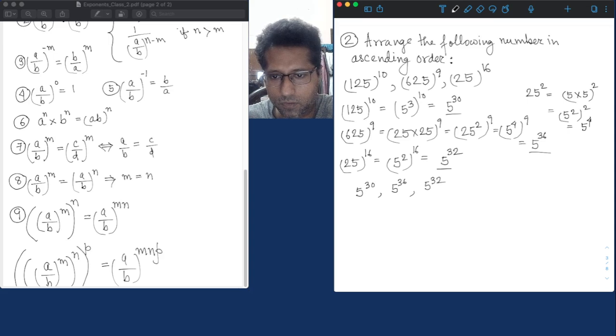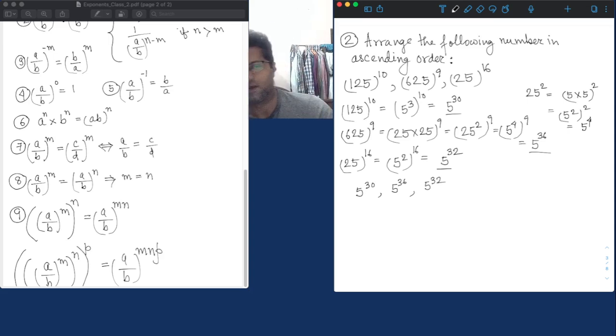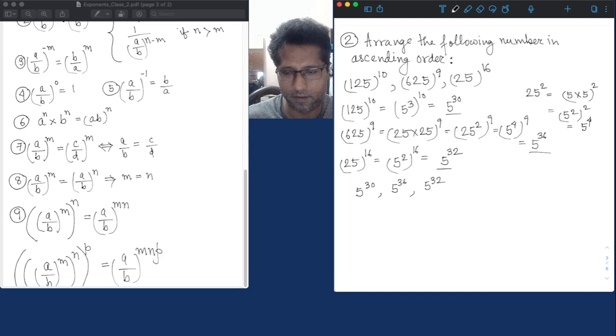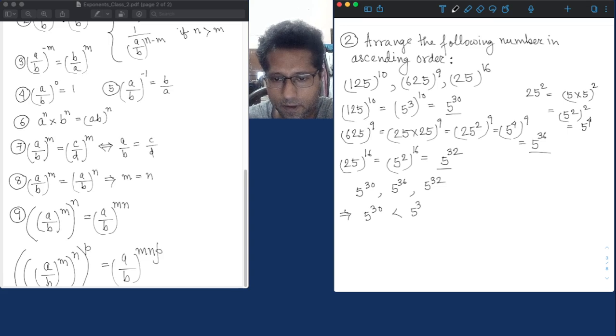So all the bases are now the same, and we now need to compare them based on the powers, that is the exponent. And clearly the ascending order will be 5 to the power 30 less than 5 to the power 32 less than 5 to the power 36.